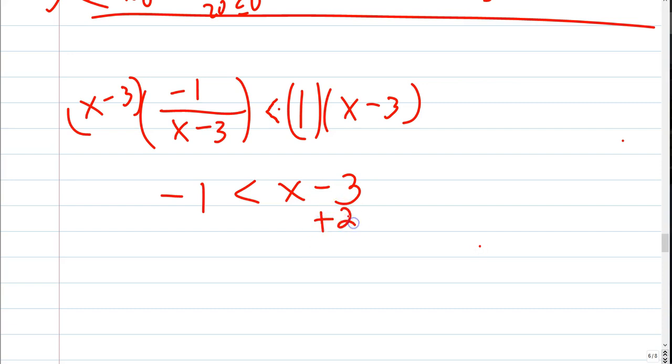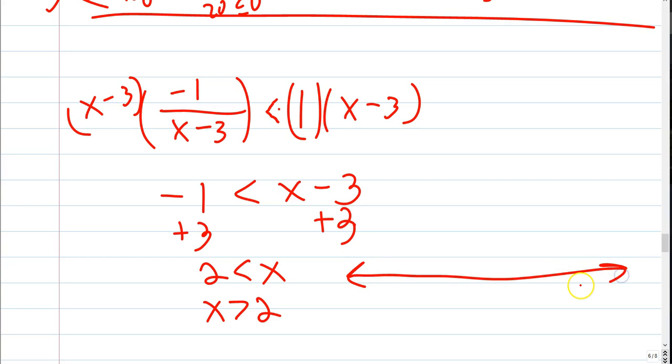Solving, 2 is less than x, or x is greater than 2. We can graph this, starting at 2. Greater is to the right, with a parenthesis.